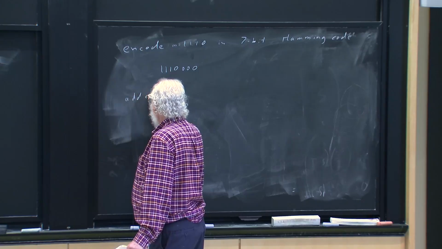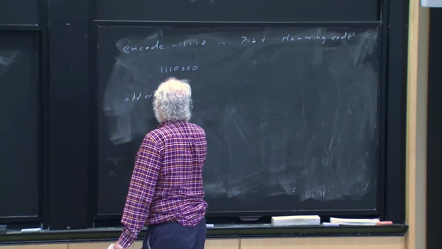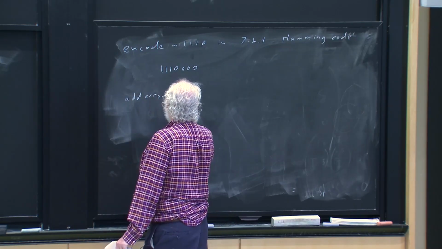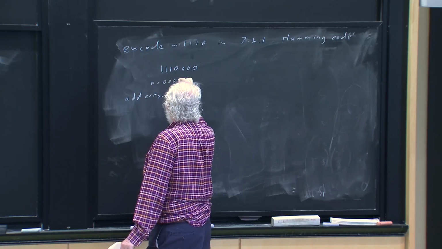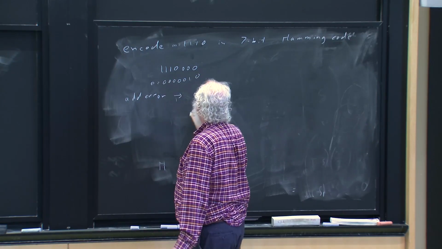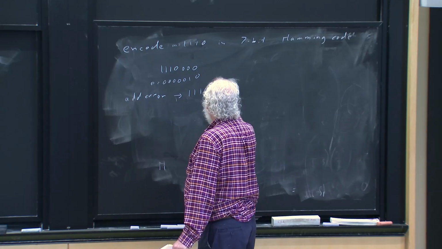Add error. And you get, let's say E equals 0, 0, 0, 0, 0, 1, 0. We get 1, 1, 1, 0, 0, 1, 0.